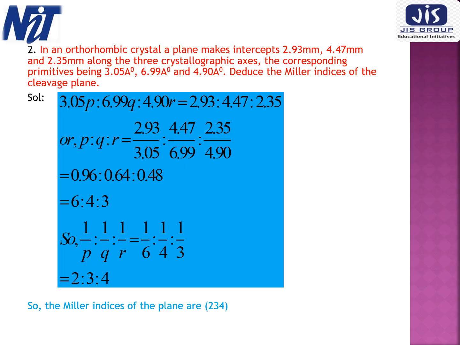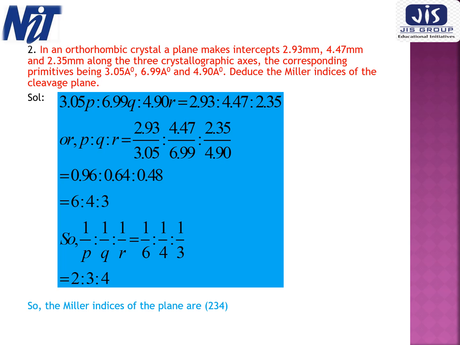So for that, let us take an example. In an orthorhombic crystal, a plane makes intercepts 2.93 millimeter, 4.47 millimeter and 2.35 millimeter along the three crystallographic axes. The corresponding primitives being 3.05 angstrom, 6.99 angstrom and 4.90 angstrom. Deduce the Miller indices of the cleavage plane. So we will have to find out the Miller indices.